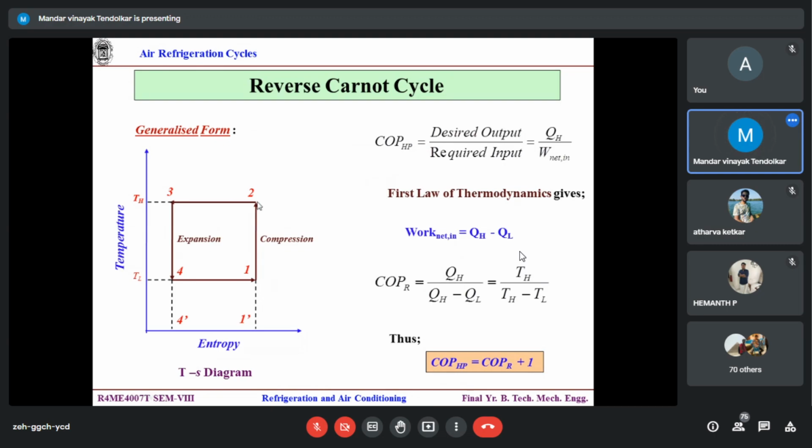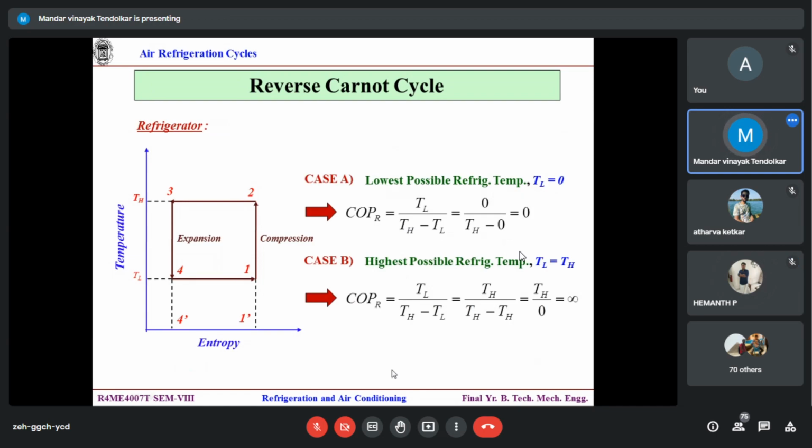QH is equal to QL plus W. So heat absorbed plus the work done is equal to heat rejected. Second law. Correct? So this part we know.